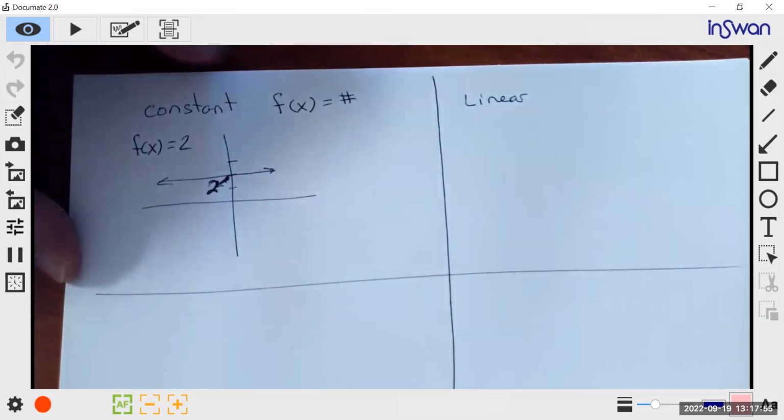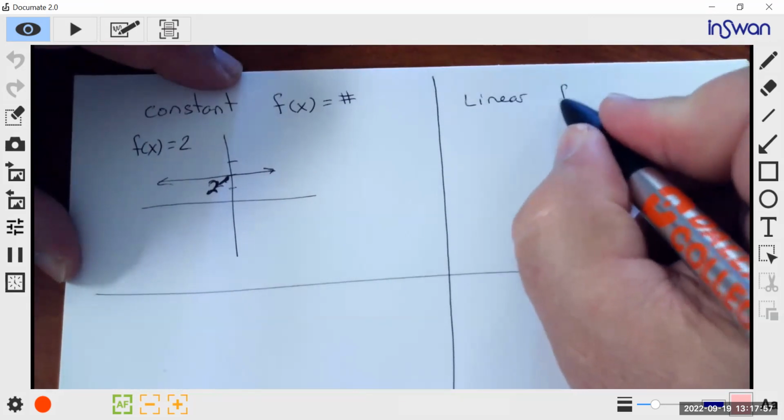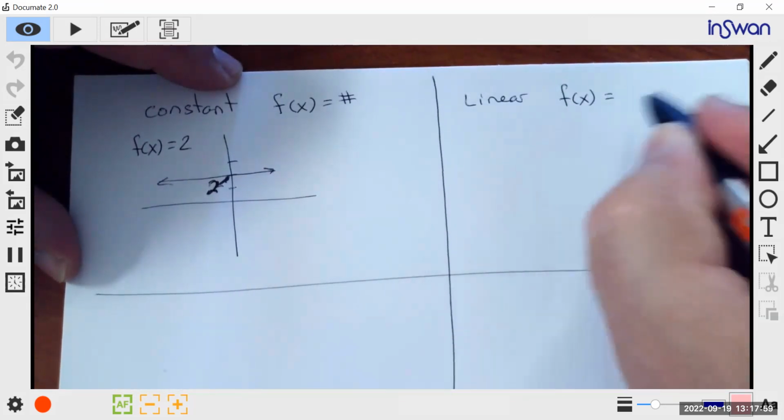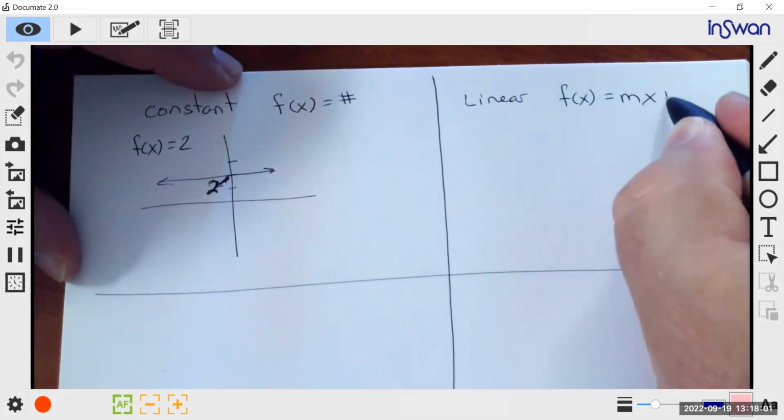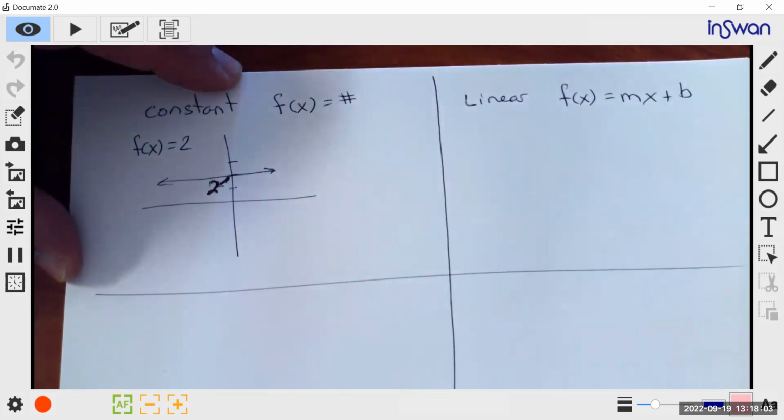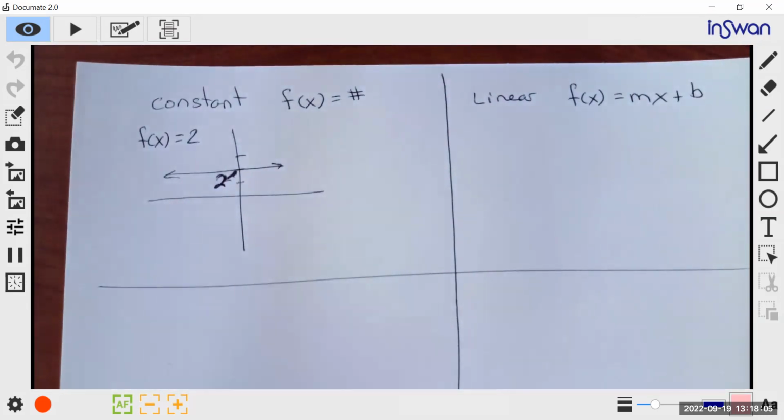A linear function. A linear equation can be rewritten in this form. In other words, there's no exponent, there's no fraction, x is not on the bottom, there's no square roots anywhere.